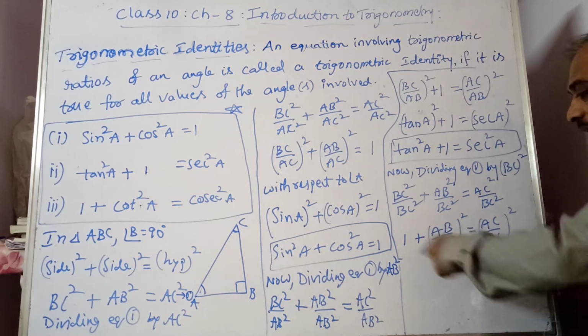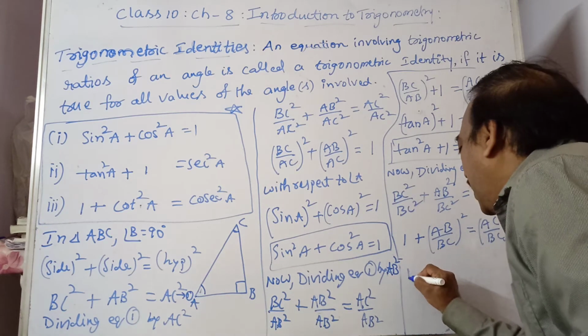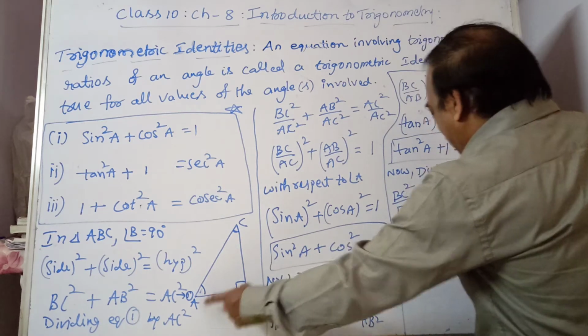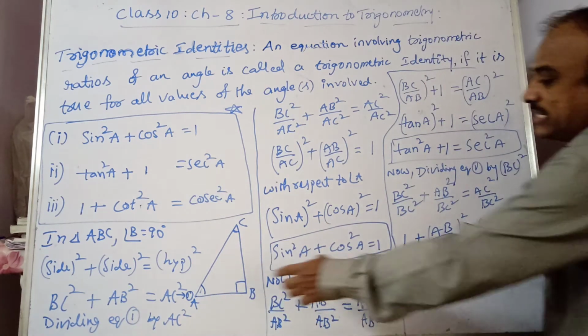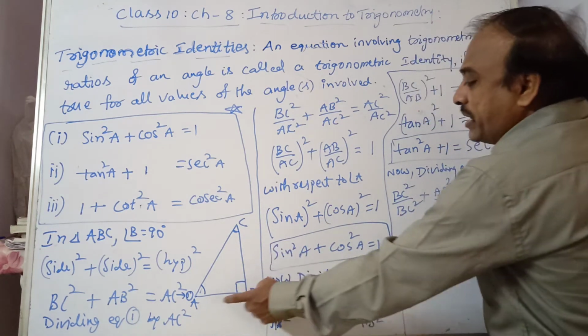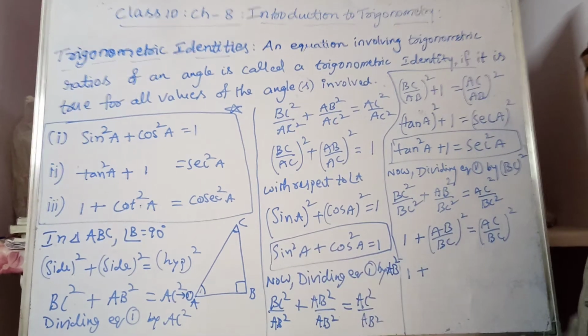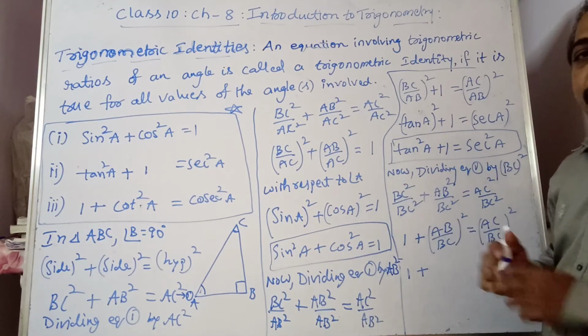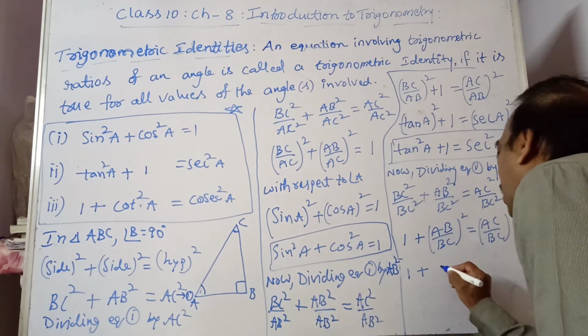So 1 plus, with respect to angle A, AB by BC, what do you call? Adjacent by opposite. Adjacent by opposite is nothing but cot.